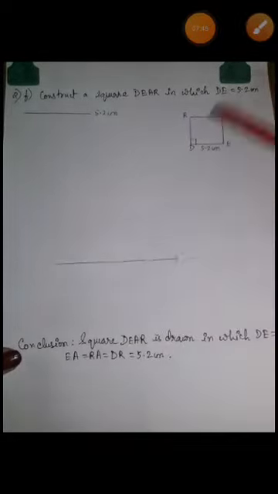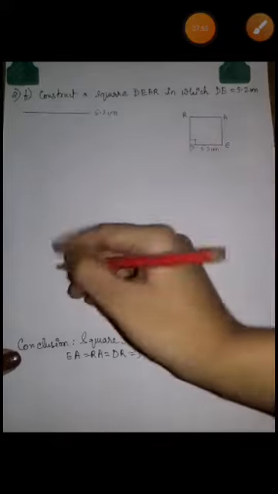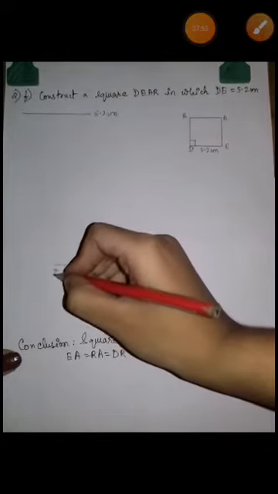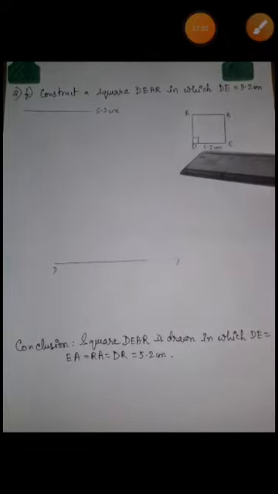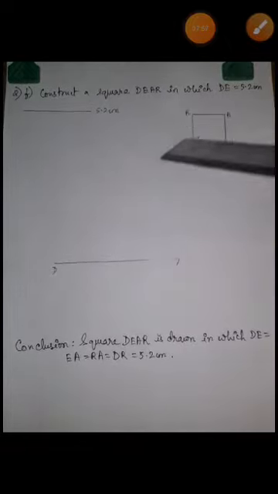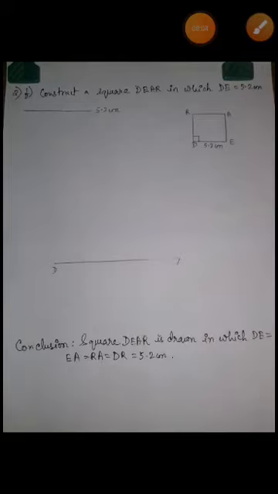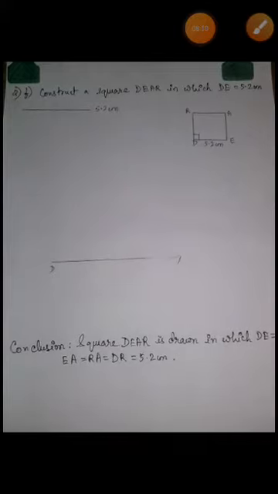As you can see in the rough diagram, this point I am marking as D. Now look at the rough diagram, you can see this angle RDE is 90 degree. So we will have to construct 90 degree, but before that we will have to form the base, that is the DE, which is of measurement 5.2 centimeter.